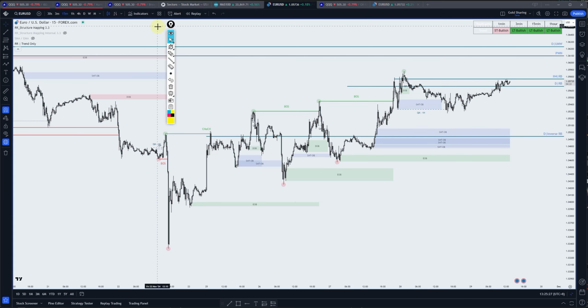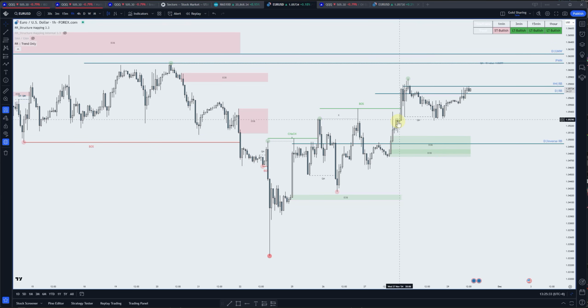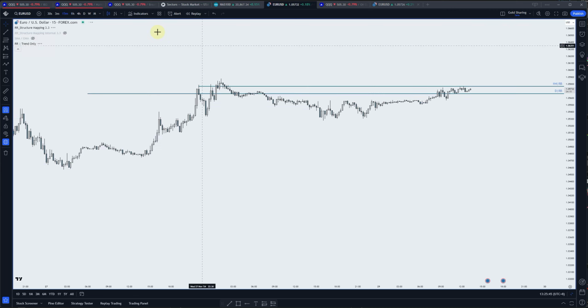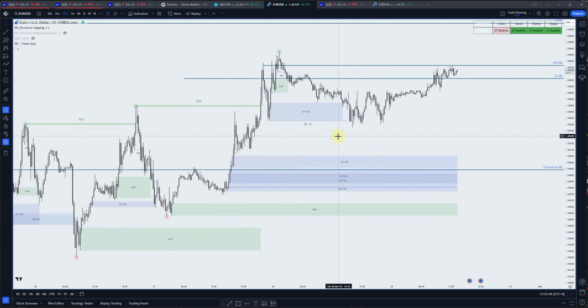If you see here, you see that H1 QM. So actually the range on the H1 was this one, when the price took the QM and now is looking for another break of structure. So you see why price bottomed here, because of the H1 QM.